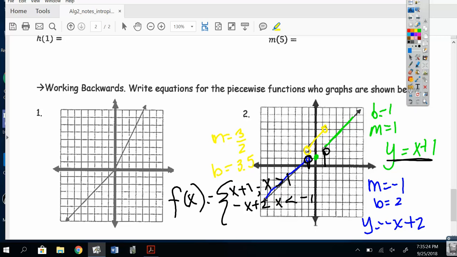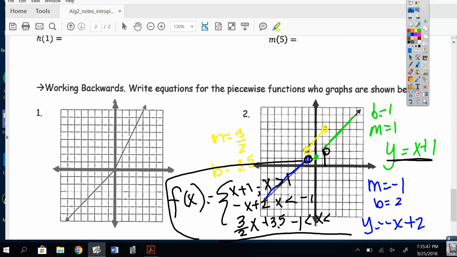And last one, which is my yellow line, I have 3 over 2 x plus 3.5. And then x is between two numbers. It's between negative 1 and positive 1. So I do negative 1 less than x less than positive 1. Why it didn't have equal to signs? Because it all has open dots.